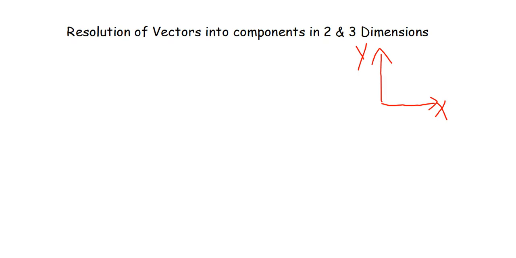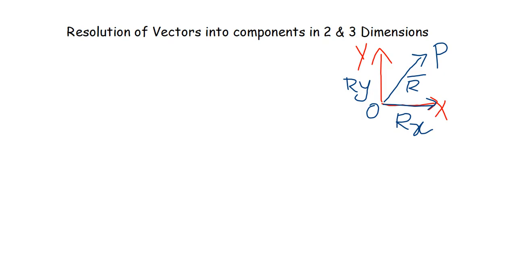A vector r bar is there. A point vector OP. It is represented with r bar. A vector r bar is resolved into two components, in x direction as rx, in y direction as ry.